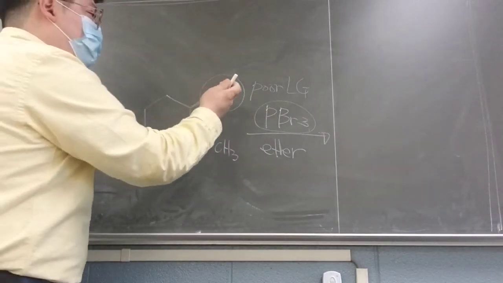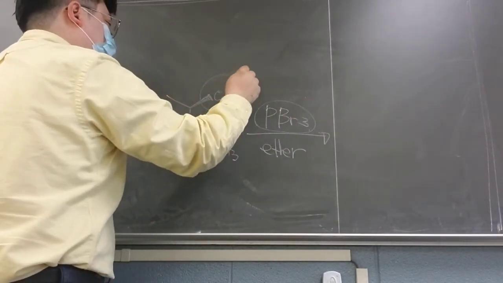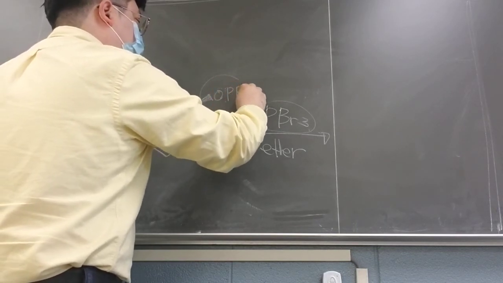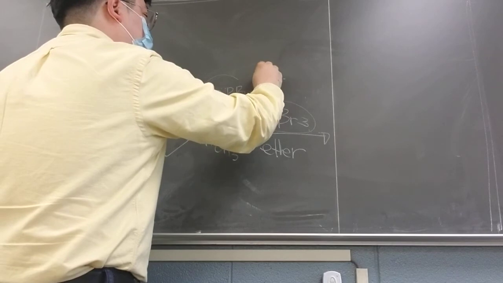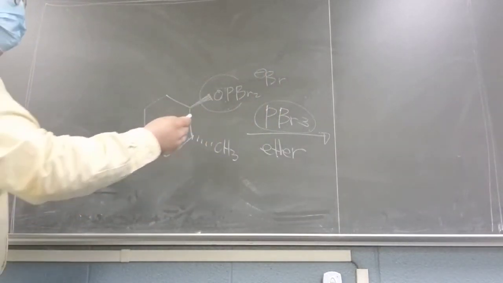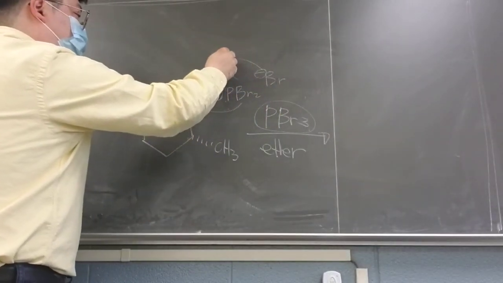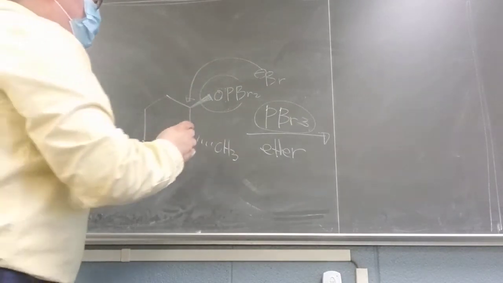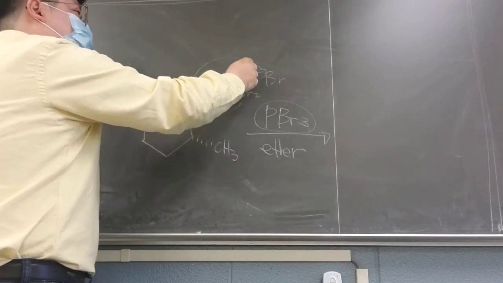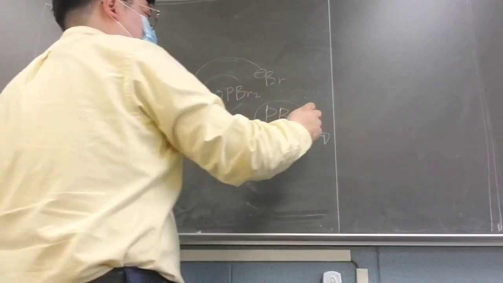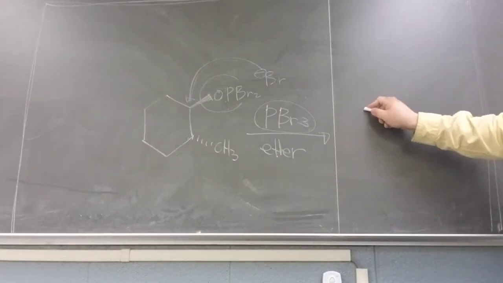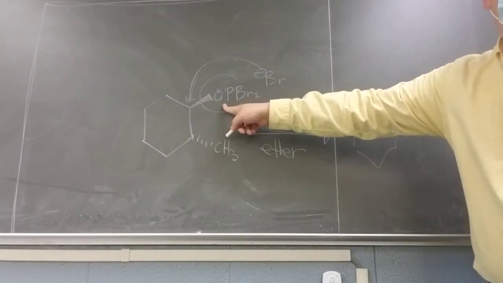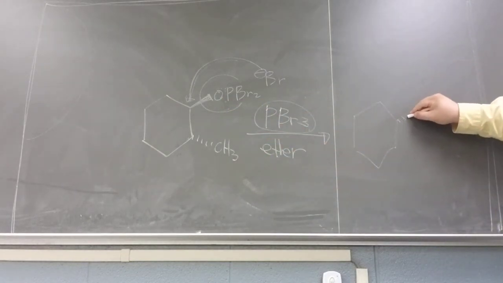When you do it, you become a better leaving group. And whenever you have a bromine anion coming from the back, because it's SN2, you're gonna have a bromo group not on the front where you had the initial group, but on the back.